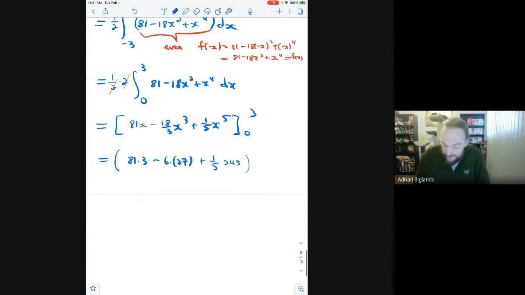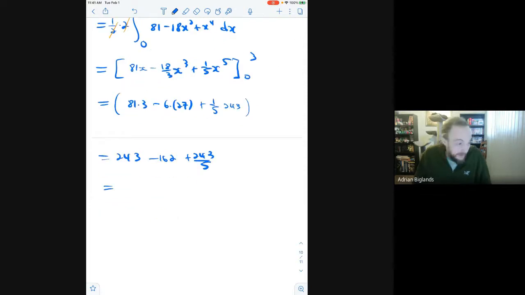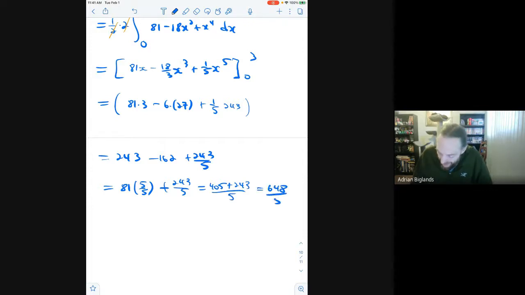So this should be equal to 243 minus 162 plus 243 over 5, which is 81. I'm going to have to multiply that by 5 plus 243 over 5, which is 405 plus 243 over 5, which is some horrible number, 648 over 5.